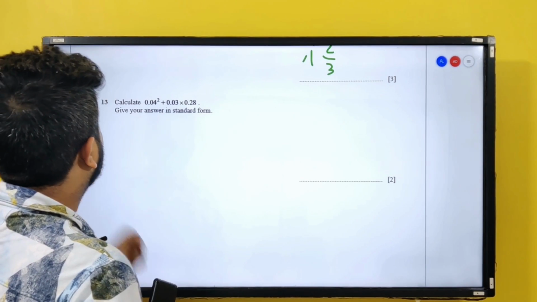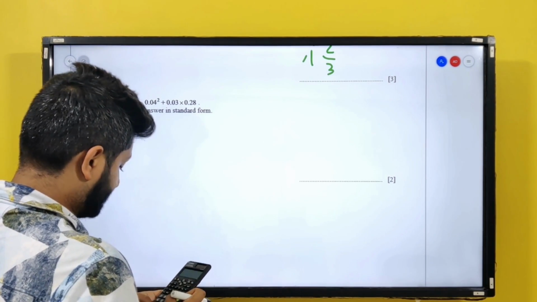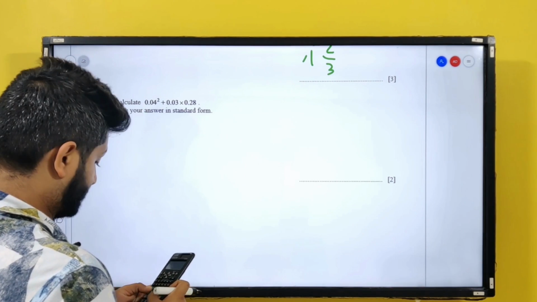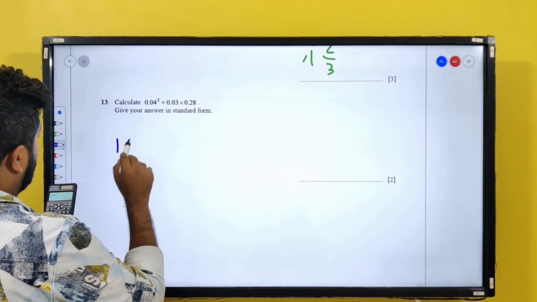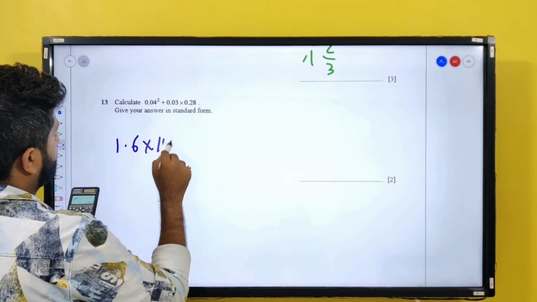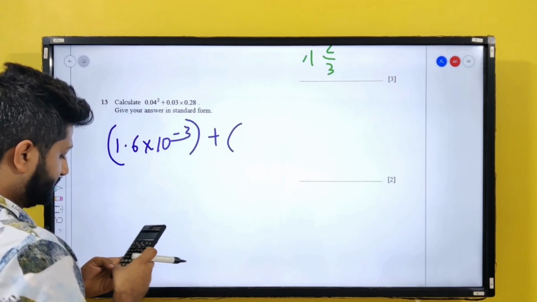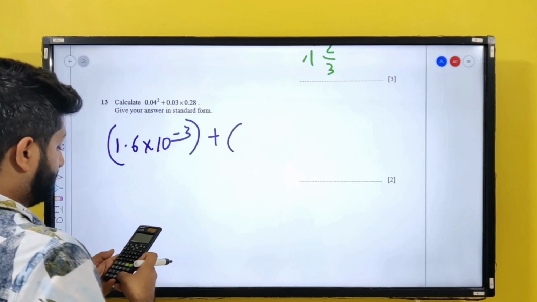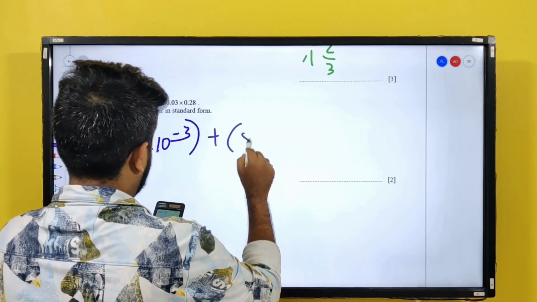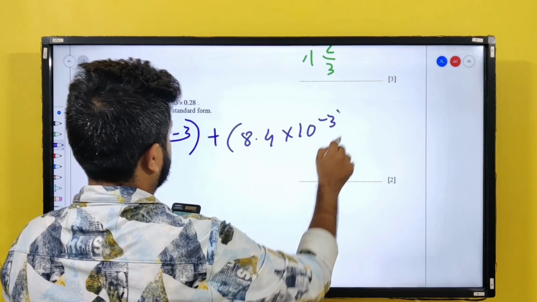Next, calculate and give your answer in standard form. So let me just solve this. 0.04 square is 1.6 into 10 raised to minus 3, and 0.03 into 0.28 is 8.4 into 10 raised to minus 3.